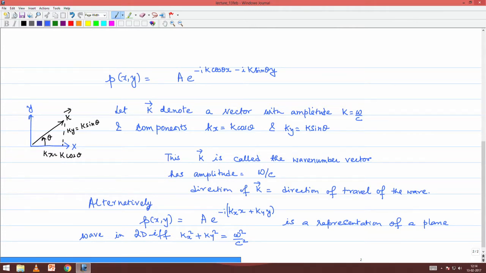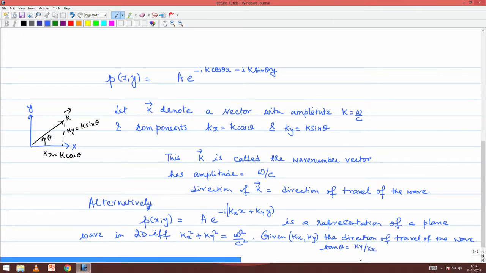But given k x and k y, you could always determine the direction of travel of this wave by simple trigonometry again. So, given k x comma k y, the direction of travel of the wave is tan theta equals k y by k x.